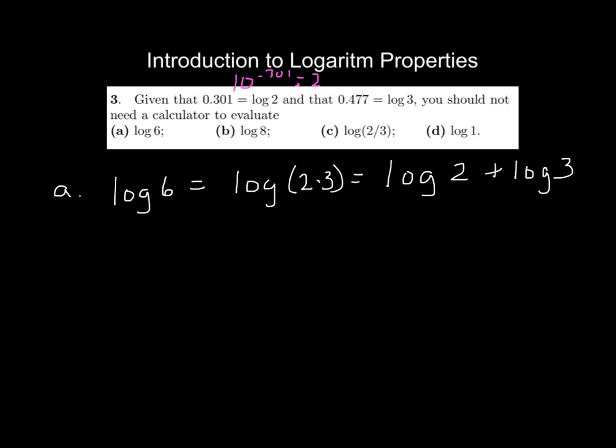And that's a property they're trying to teach there, because logarithms are basically exponents. When you multiply bases with exponents, you just add the exponents. And log 2 we already have the answer to up here. Log 2 is 0.301. Log 3 is 0.477. So your answer is 0.778, same as the last problem.